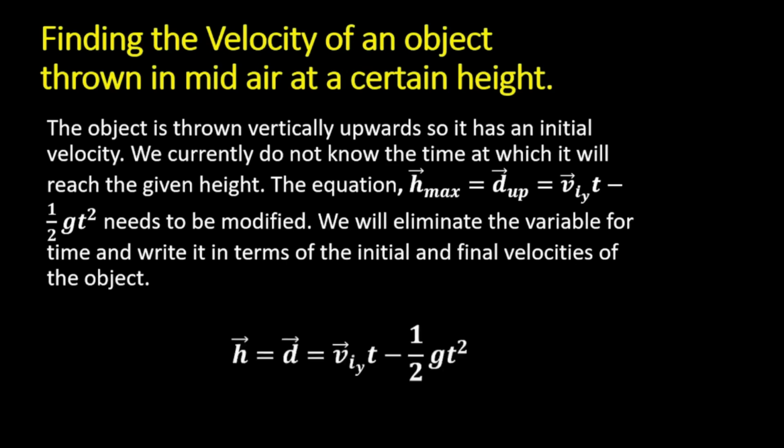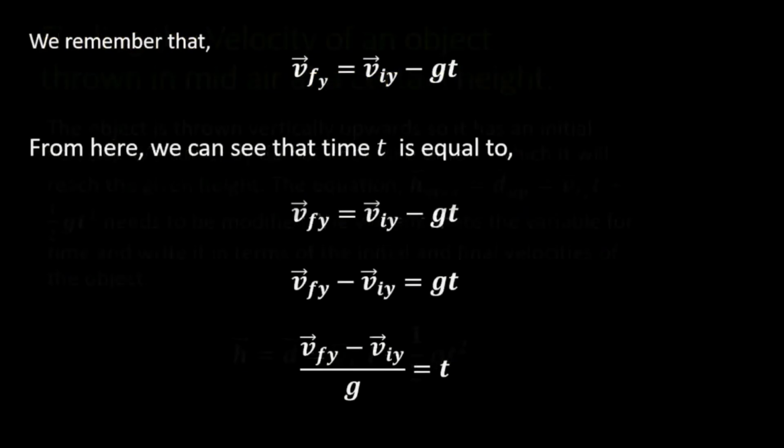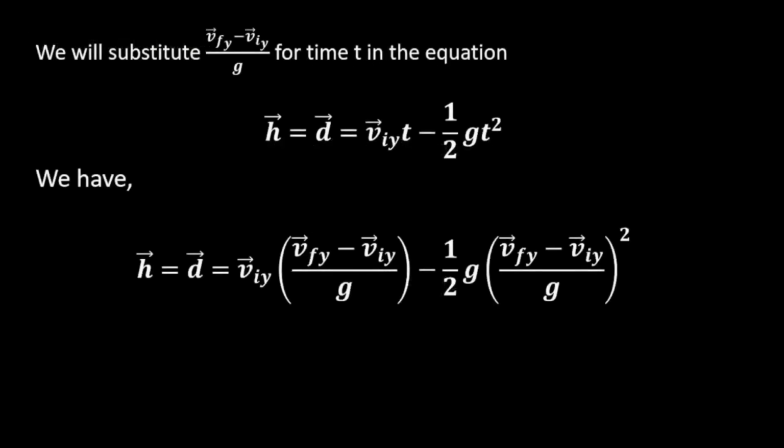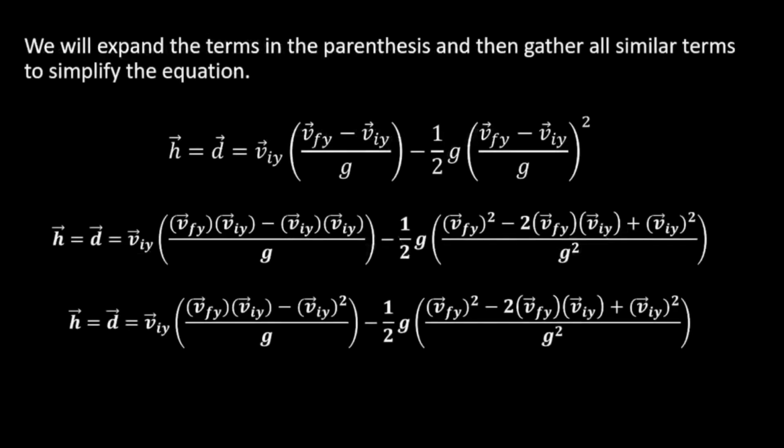Height reached by an object is equal to d up is equal to v sub i along the y-axis times t minus 1/2 g t squared. We remember that. From here, we can see that time t is equal to. We will expand the terms in the parenthesis and then gather all similar terms to simplify the equation.